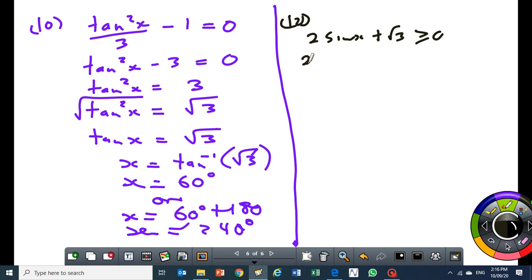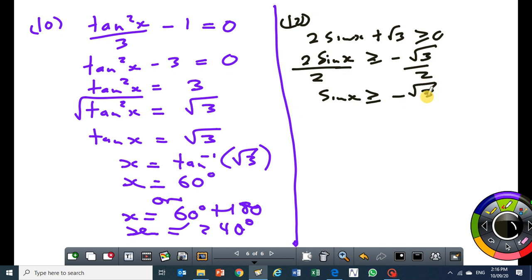So you get 2 sine x is greater than or equal to minus square root of 3. Then you divide both sides by 2. So you get sine x is greater than or equal to minus square root of 3 over 2.